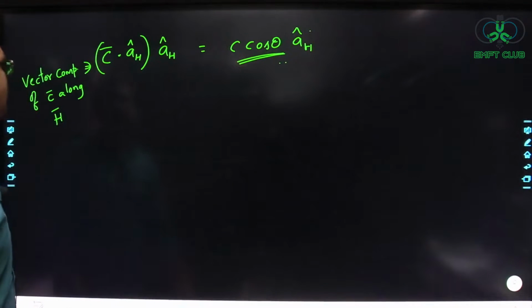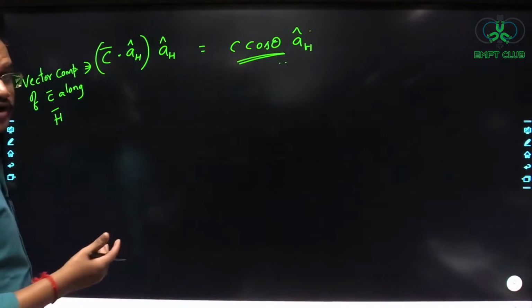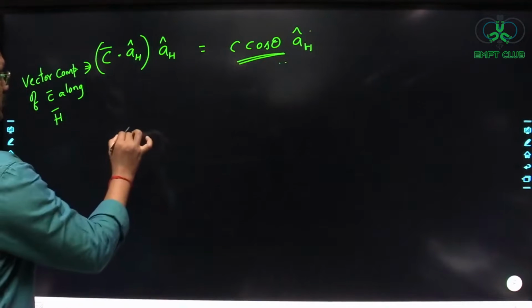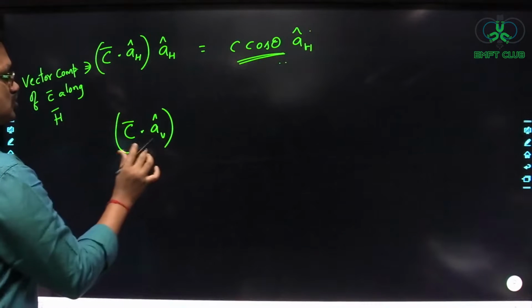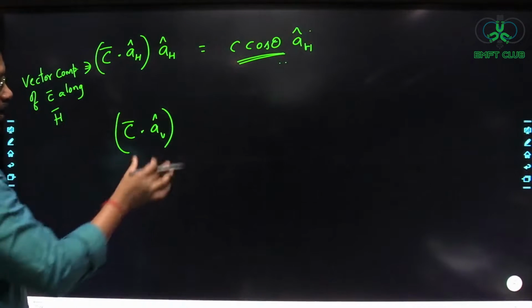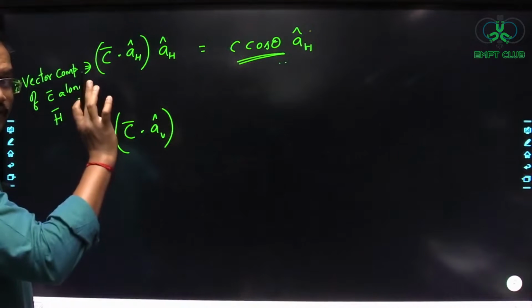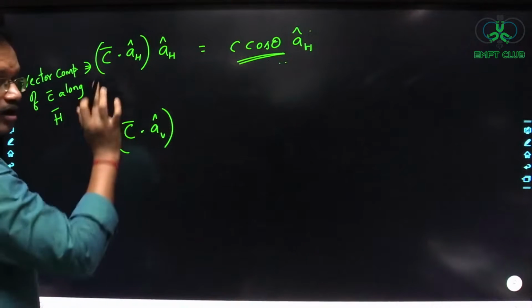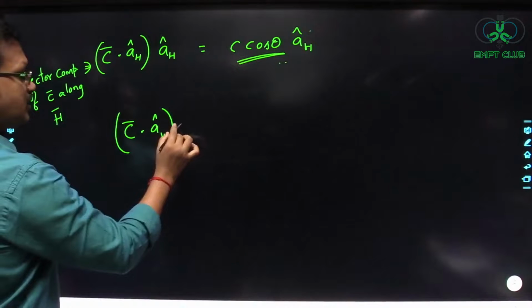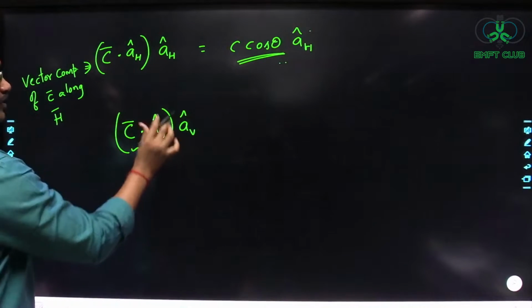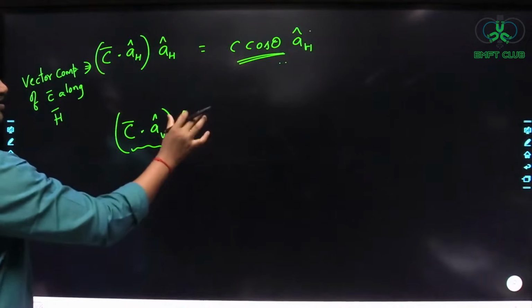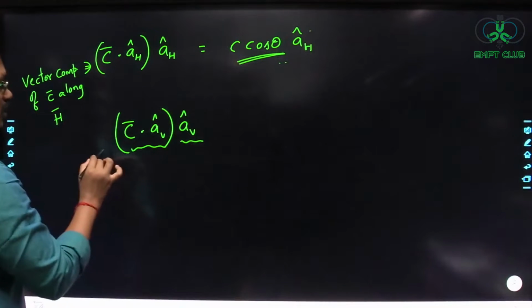Understood? So similarly, if you want to determine the vector component of c bar along vertical direction, what you have to do? c bar dot a v cap. So this is going to give you the scalar component, and this component is present along vertical direction or vertical axis. So just multiply this with a v cap. So you are going to get the magnitude as well as direction, and hence it is called a vector component.